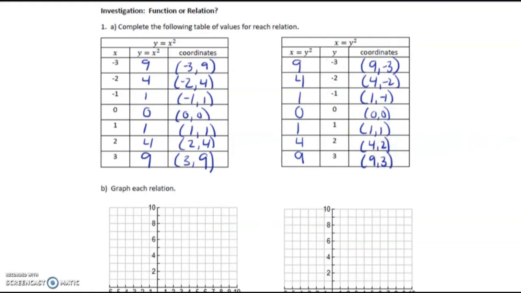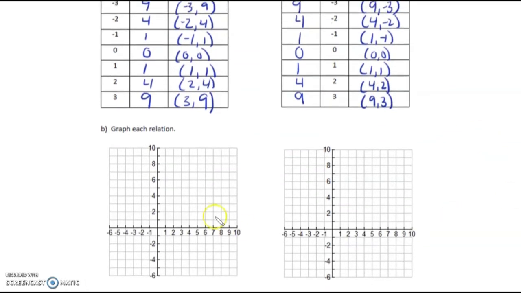Okay, and let's go ahead and graph those. So we have (-3, 9), (-2, 4). This is our normal parabola. That's great, y equals x squared.